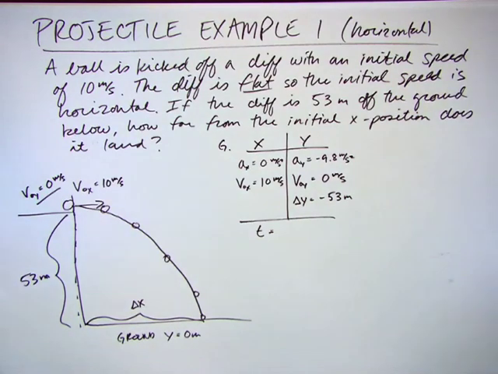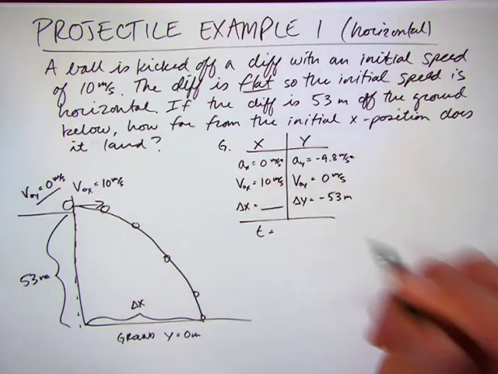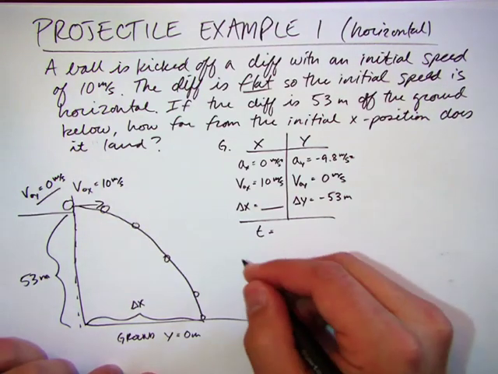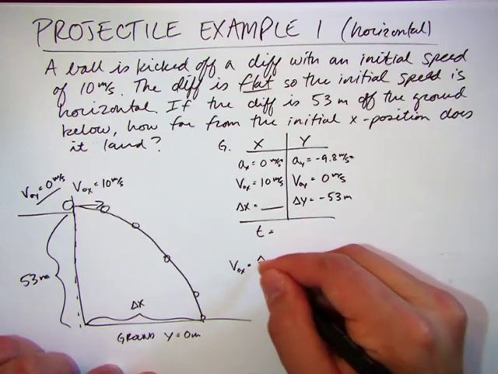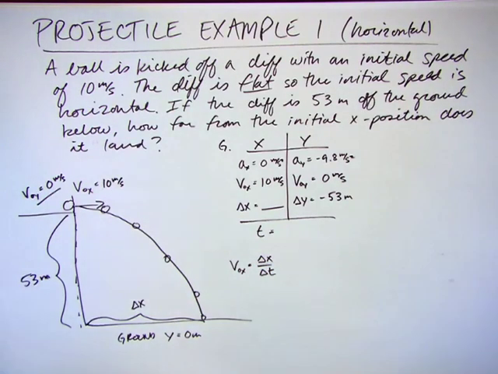Alright, so to approach this, I have to look at the y and the x information and figure out how I eventually get delta x. That's my missing variable. Just like I showed you with the kinematics problems, these are kinematics problems. They're constant acceleration, constant velocity problems. So in the x direction, the only thing that matters is my change in x over the amount of time it was in the air, because this is constant.